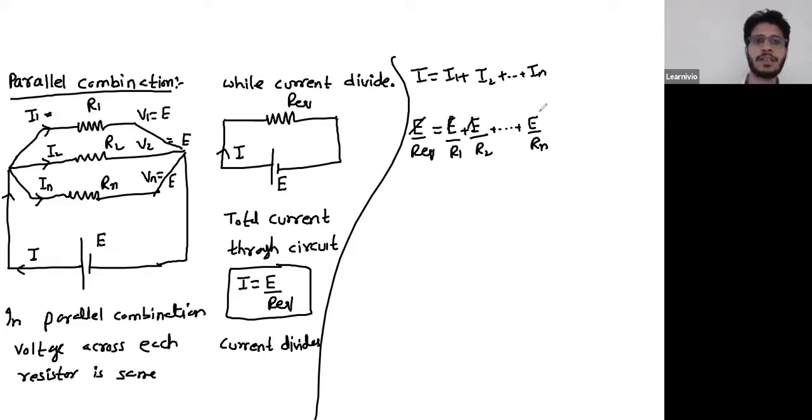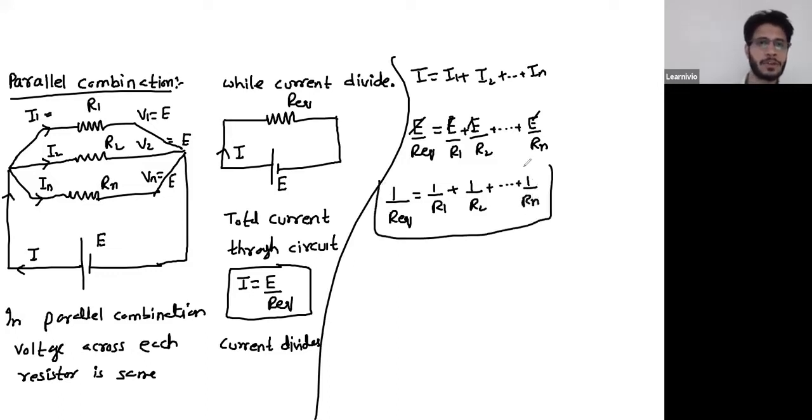This E gets cancelled out, and you can simply write 1 by R equivalent is 1 by R1 plus 1 by R2 up to 1 by Rn. So this parallel combination of resistors exactly matches with the series combination of capacitors.